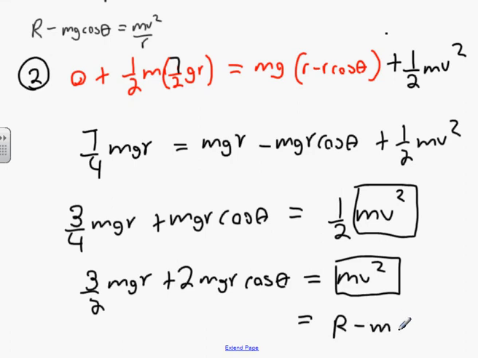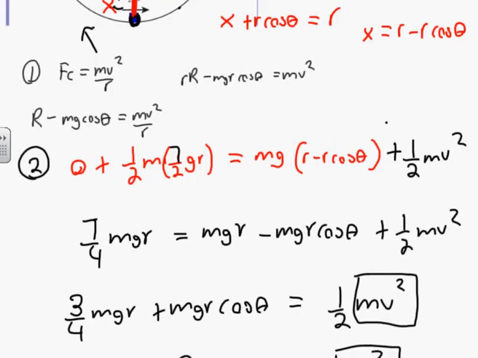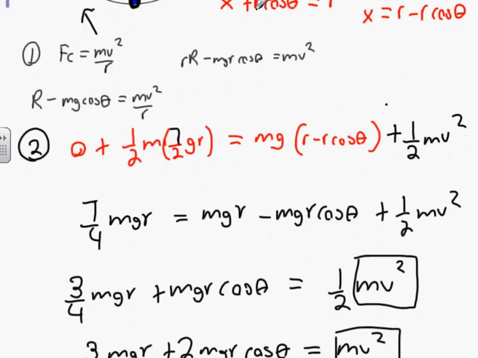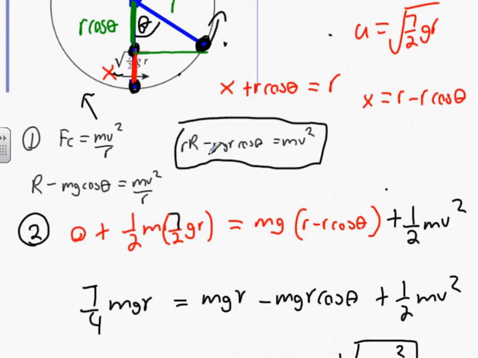R minus mg cos theta goes 3 over 2 mgr. Did I forget that time? I did. It's this equation here, isn't it? Is the one I'm looking for. So you're right, the small r has to be there. So small r here, small r here. So that's what I was actually using, was this equation here. Okay?